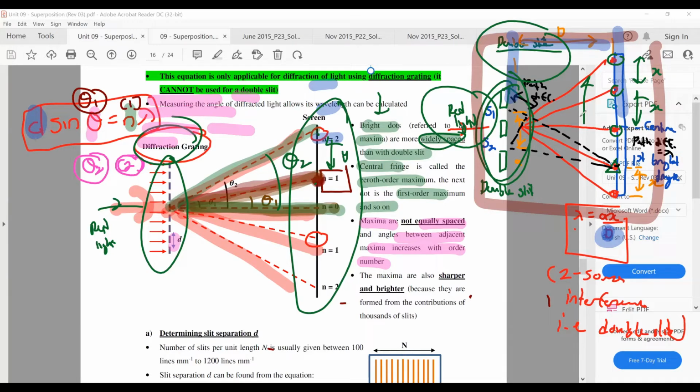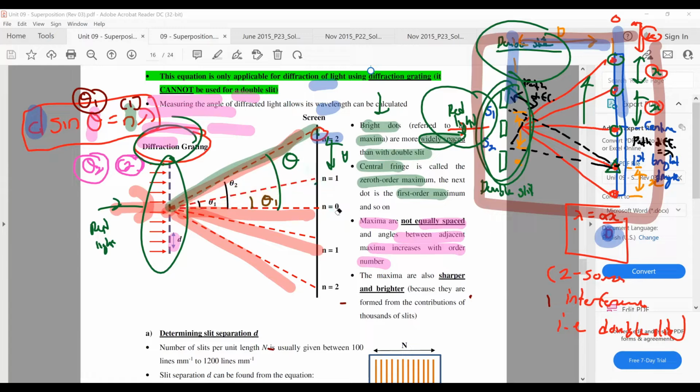I can also go on to the next pair of fringes. The X will also remain the same. They won't change. But when you're talking about a diffraction grating, let me just erase everything here.